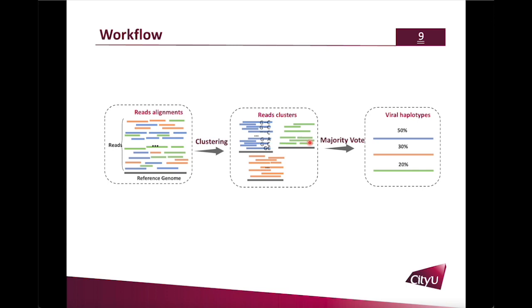Finally, we will generate the consensus sequences from each cluster and calculate the abundance of haplotypes. In this workflow, the most challenging and important part is how to cluster reads accurately.